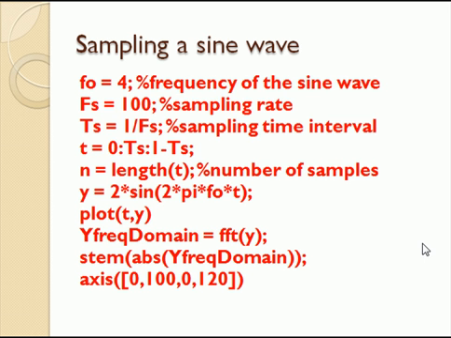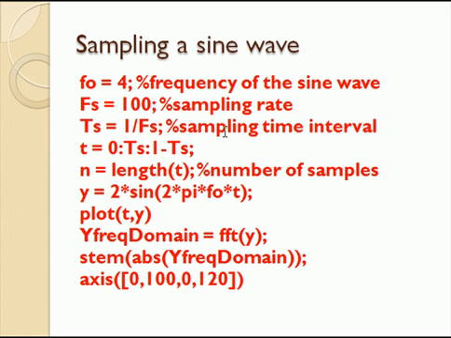Most of this script is just generating a set of data. So the first 7 lines of this are just generating the data set using a sine wave, and then the real interesting part is just this FFT command down here. I'm creating a sine wave with a frequency of 4 hertz, and I'm sampling it at 100 times a second.